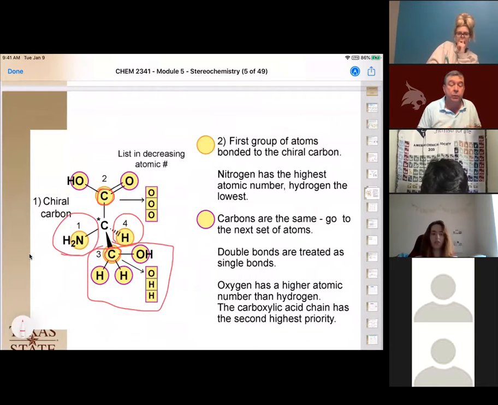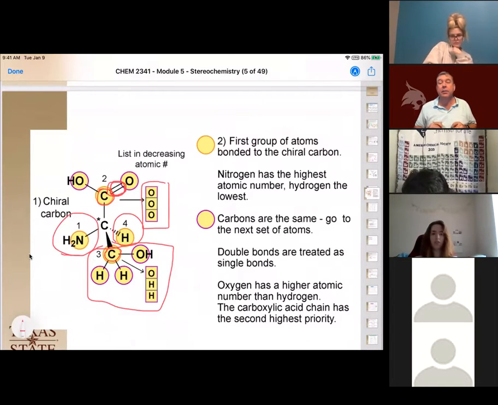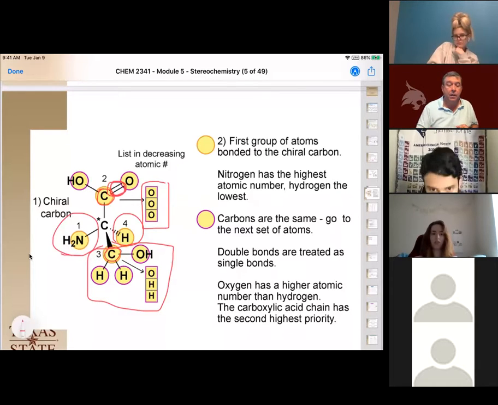But we had to use rule number 3 to assign this triple bond, which gave us a designation of oxygen, oxygen, oxygen, and that makes it the higher priority atom. So 1 and 4 were assigned by rule 1, 3 was assigned by rule 2, and the last one had to be assigned by rule number 3.